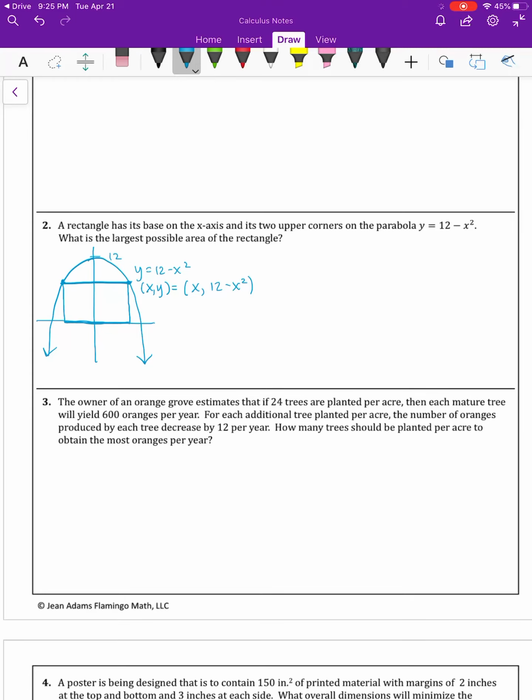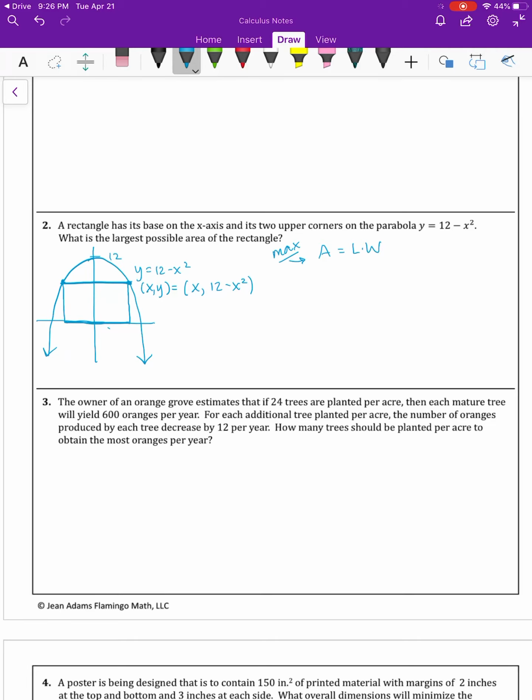We're going to take one of these points, and I think the one in the first quadrant is the easiest. It is an xy point, but since it is on the parabola y equals 12 minus x squared, we're going to call it x comma 12 minus x squared, so that we don't have two unknowns.